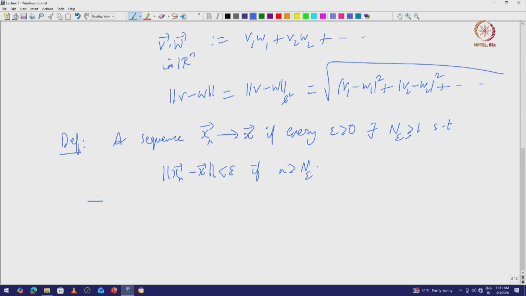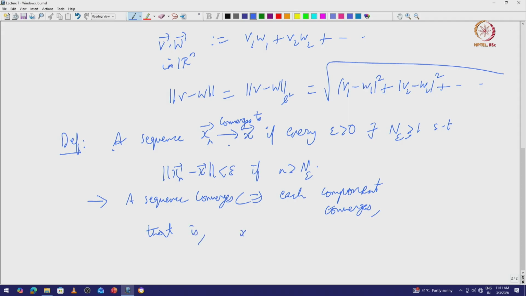Now you can very easily conclude that a sequence converges. xn is said to be converging to x if and only if each component converges. That is, if you take xn's first entry, it must converge to x1, xn's second entry must converge to x2, and so on.